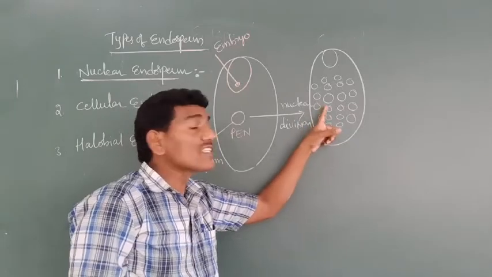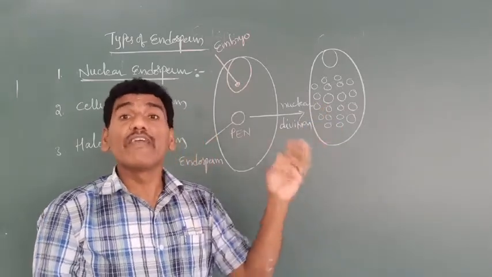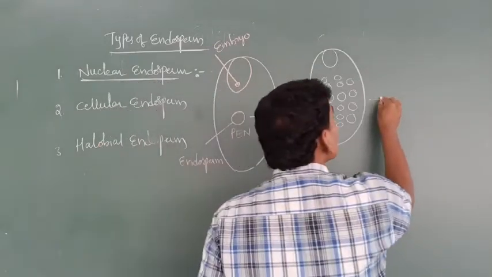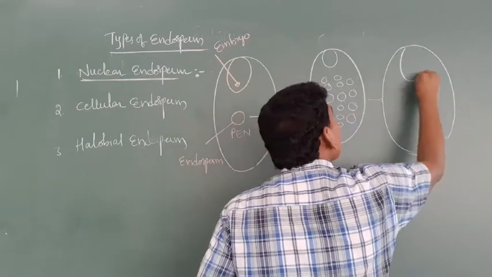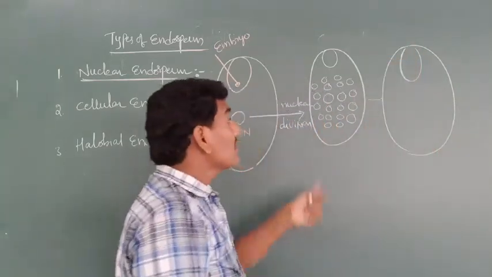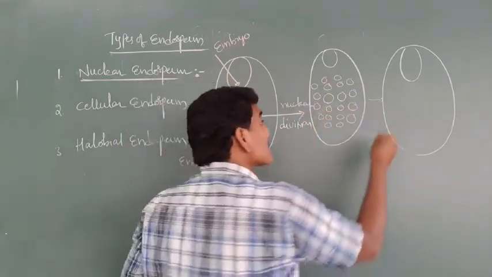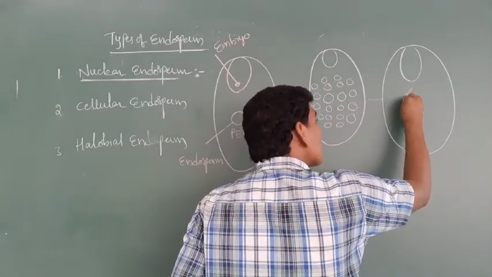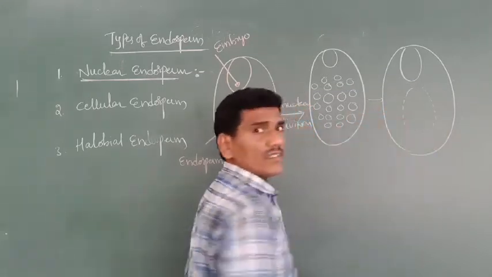There are thousands of nuclei thus formed and pushed towards the periphery. Why are these nuclei moved towards the periphery? Because in the central place a large vacuole is present.